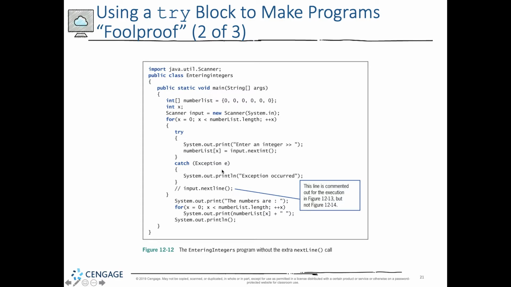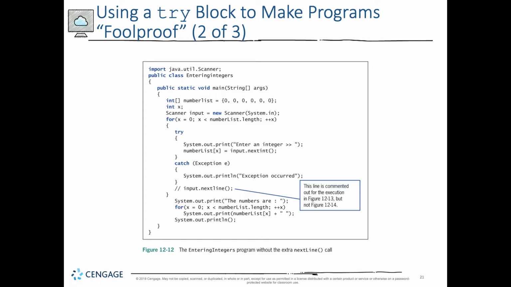They're catching that generalized exception, and then they're moving on. And then down at the bottom, the numbers that you entered for the number list, and then they're printing them out. Let me back up. I said that wrong. They're assigning the value to the number list. So if you try to assign a value that isn't a number, it's going to fail.